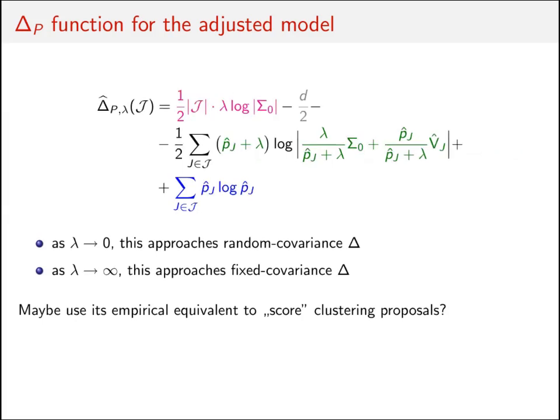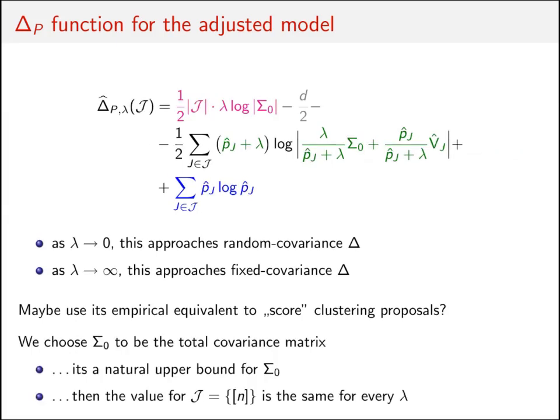In k-means, you have several clustering proposals depending on the k parameter, how many clusters you want to have. Let us see how this scoring function behaves as a way to choose among clustering proposals of other clustering methods.